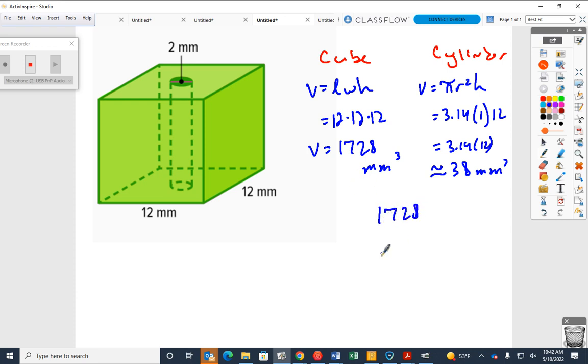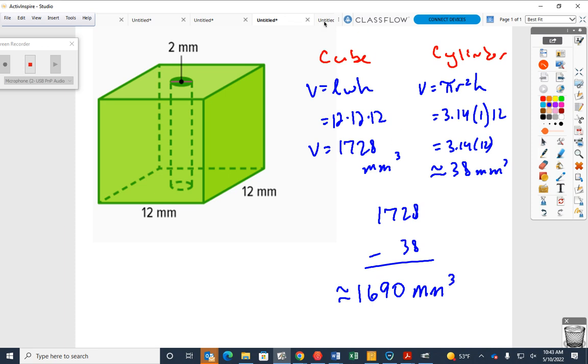So 1728 minus 38. Okay, what would that give us? 1690. So this would be the volume of the figure without that cylindrical hole through the middle, about 1,690 millimeters cubed. Okay, does that make sense?